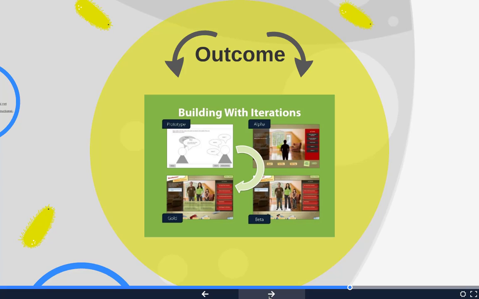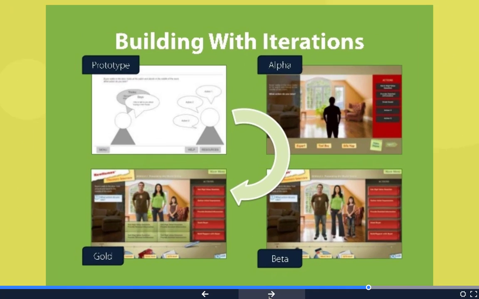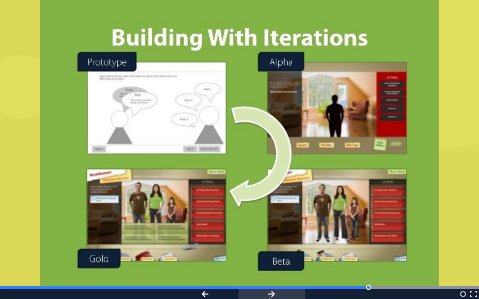So what kind of outcomes are they looking for? Well, when you're looking at building with an iteration, these are those outcomes. Notice to the far upper left, I should say, you've got the prototype. And then, of course, we move to that alpha. And then we move down to the beta. And then, of course, we move down to the gold. You want to go from the prototype to the gold. That is the idea.